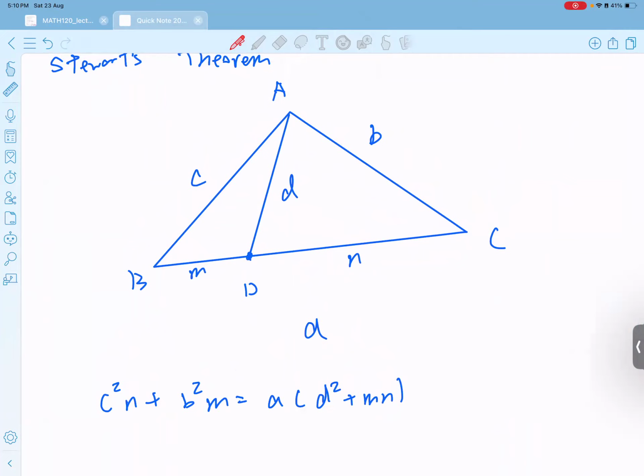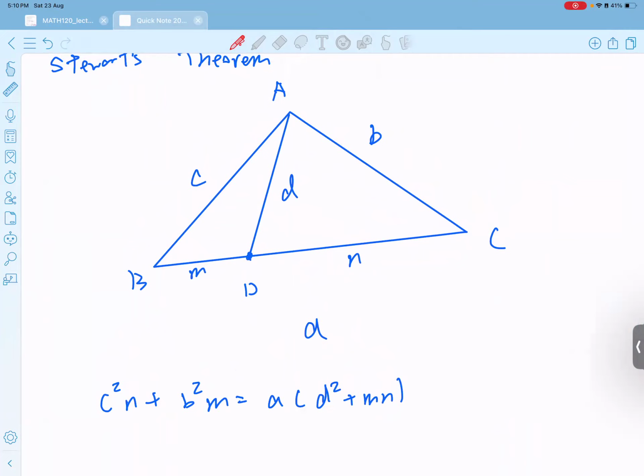So the essence is you see these square things. So I think very naturally you would think of doing something like the cosine rule. So you can express c squared and b squared in terms of the cosine rule.